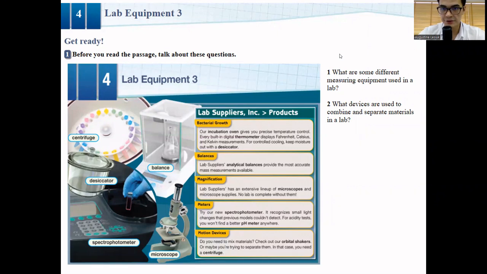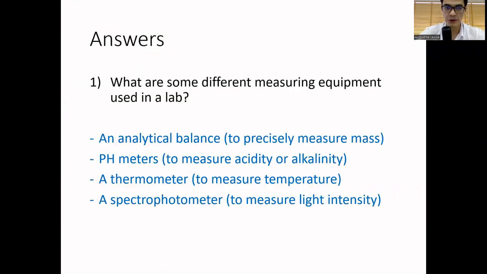Here are the answers. Okay, for the first one, what are some different measuring equipment used in the lab? So according to the passage, we have an analytical balance, which is used to precisely measure mass. So when you're dealing with small amount of mass and you want the exact amount, an analytical balance is the best tool for the job. Next, we have pH meters, which are used to measure acidity or alkalinity.